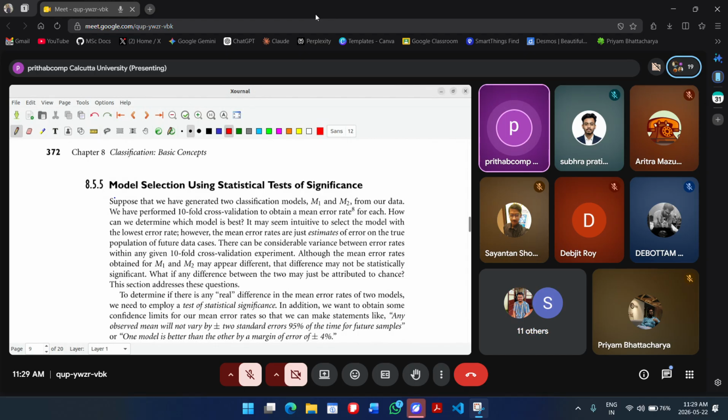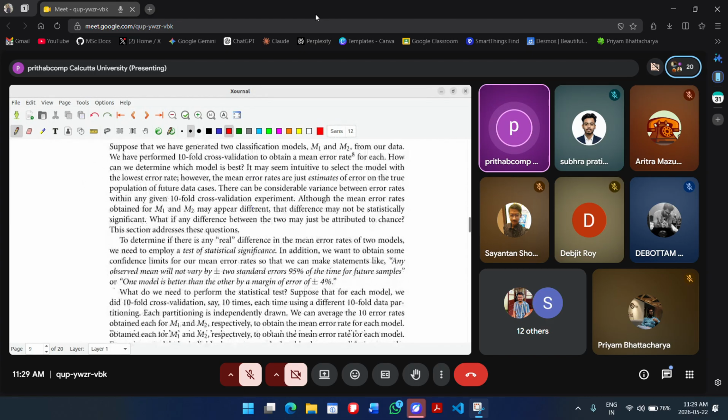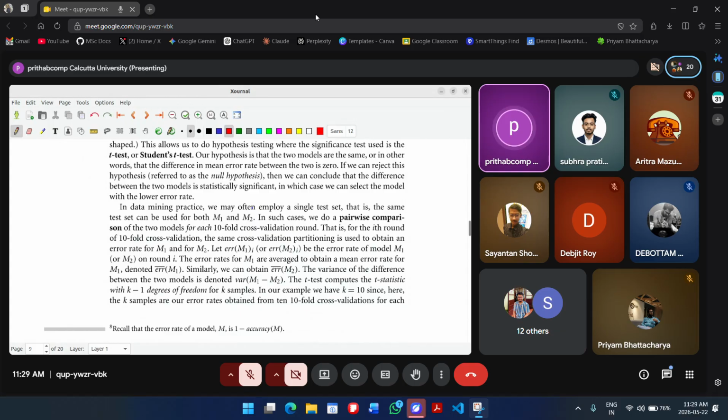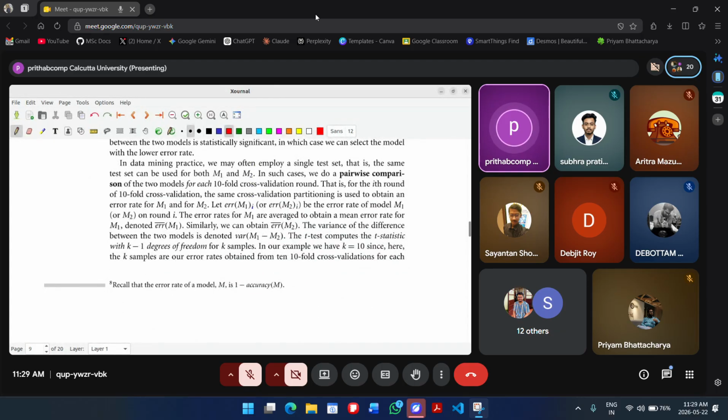One thing is that this model selection can be done using statistical test of significance. So for the timing, I'm skipping this also. So this statistical test of significance is something like our linear regression, how we have estimated the beta coefficients. So similarly here we can define a metric, what is the amount of error, and on that error we do a hypothesis testing.